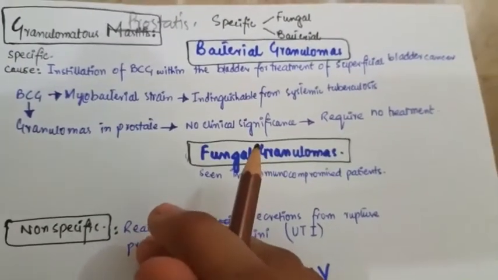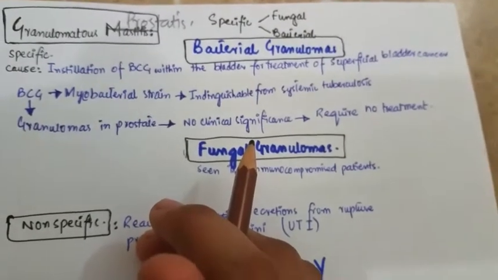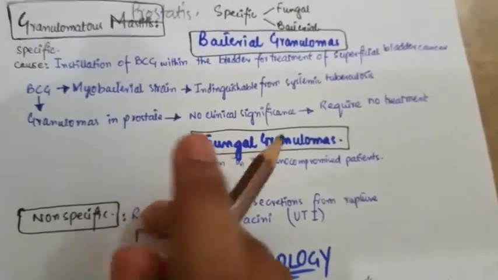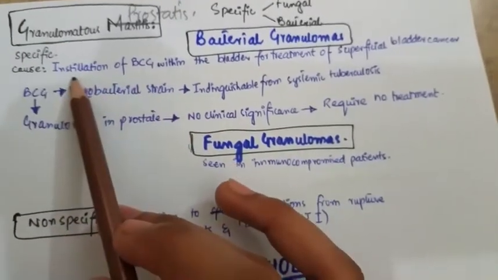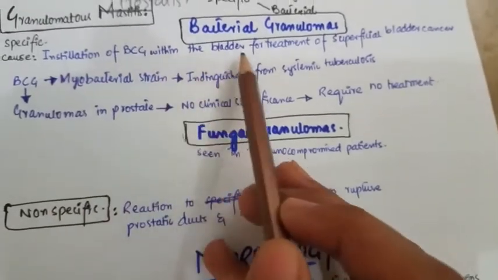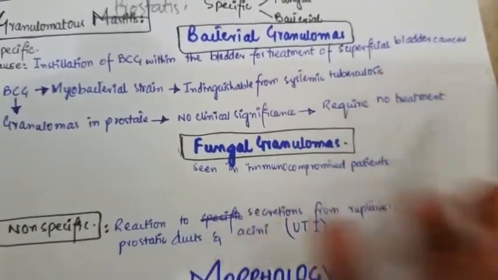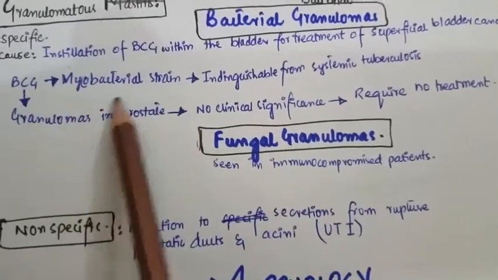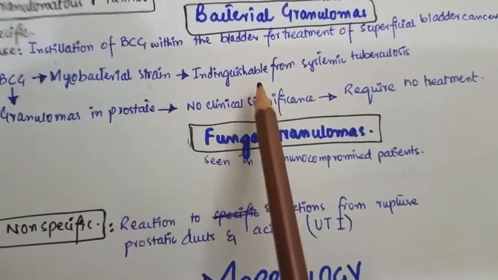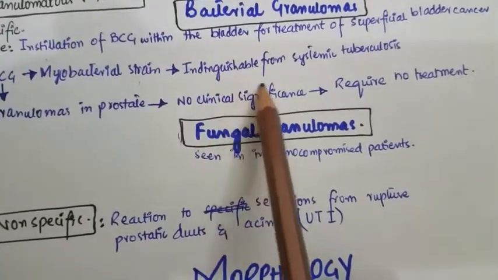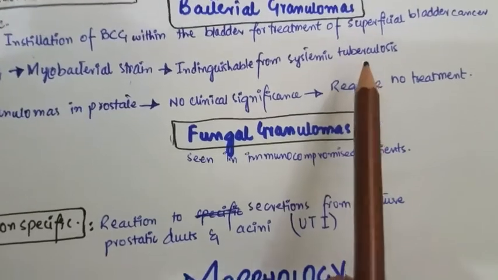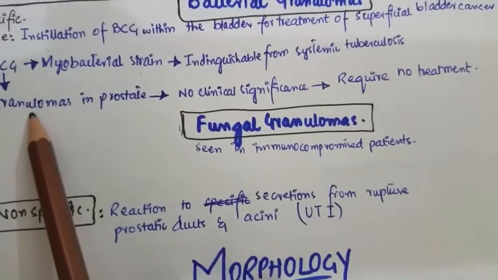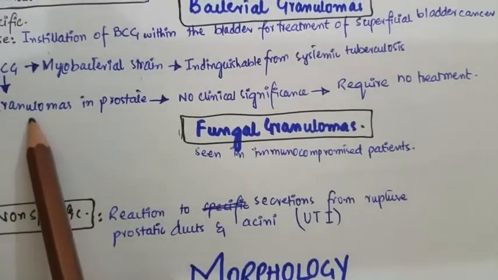The specific type is further divided into bacterial and fungal. First of all, I will discuss the bacterial granulomas. The cause is the instillation of BCG vaccine within the bladder for the treatment of superficial bladder cancer. Basically, BCG contains a mycobacterial strain that produces features indistinguishable from systemic tuberculosis. These BCG will form granulomas in the prostate, having no clinical significance and requiring no treatment.